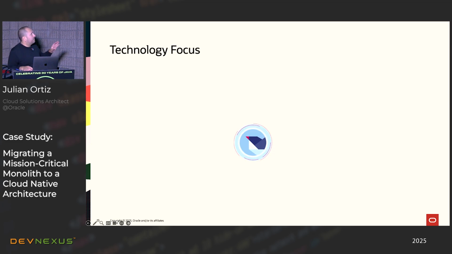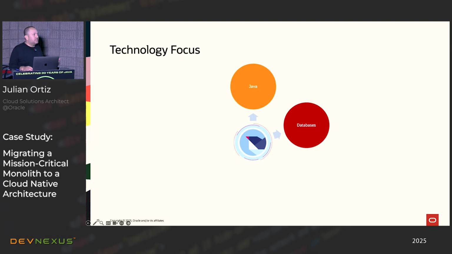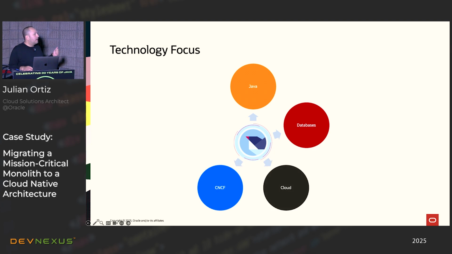Now, we started to focus on technology. We wanted to pick the framework that would help us build our microservices. We wanted to continue with Java, since OSM is Java. We wanted to support databases, be cloud ready, and play along with CNCF.